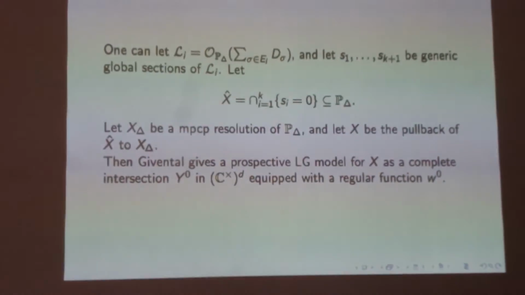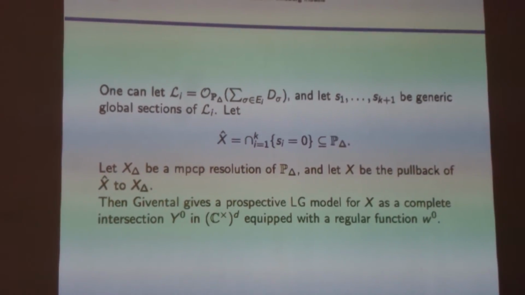These are things that look like Fano varieties because Fanos have an anti-canonical line bundle with sections. These are things that are weaker than Fanos, but are sufficient for my purposes, at least combinatorially. Okay, so X_delta again is going to be the MPCP resolution of P_delta.